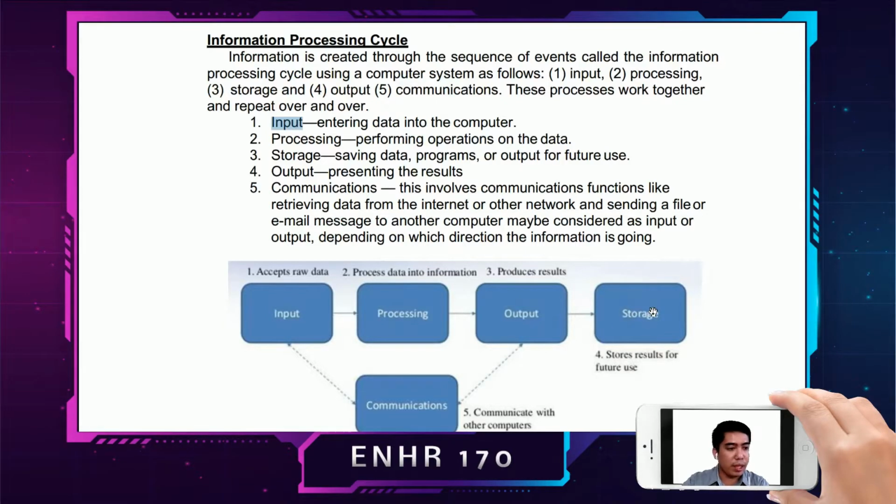Di ba kaya meron tayong mga drive D, drive C, mga different folders kung saan mo gusto save yung mga yan. Okay. So part of information is to store data, not just process it, so that kapag kakailanganin mo in the future na naman yung data na yan, you could easily access it.